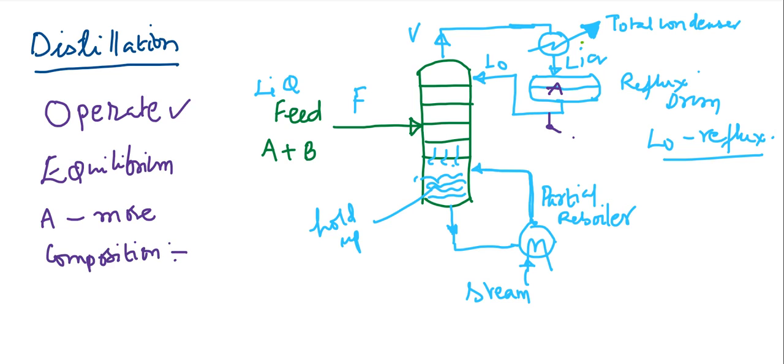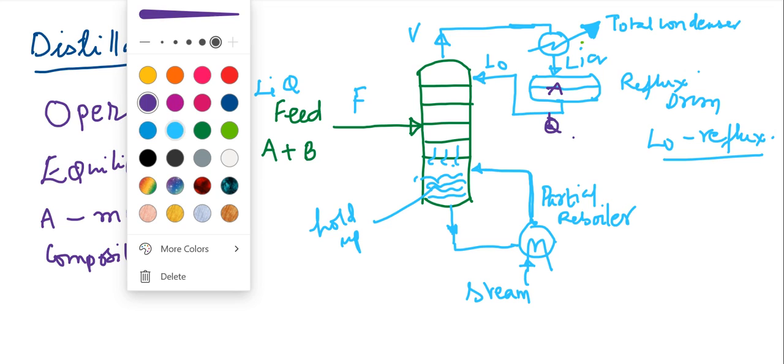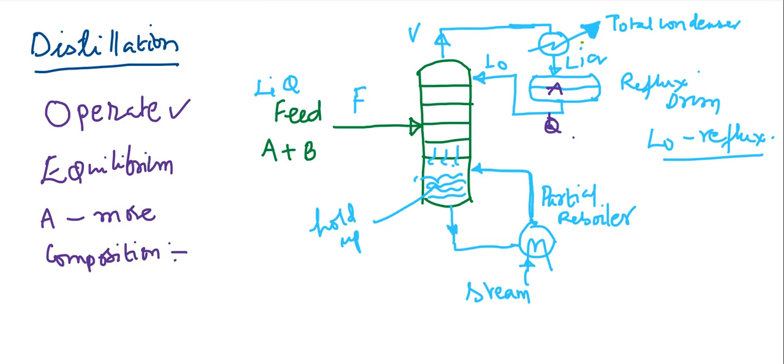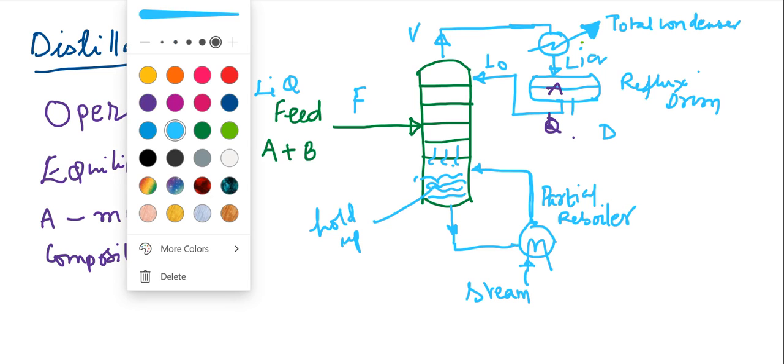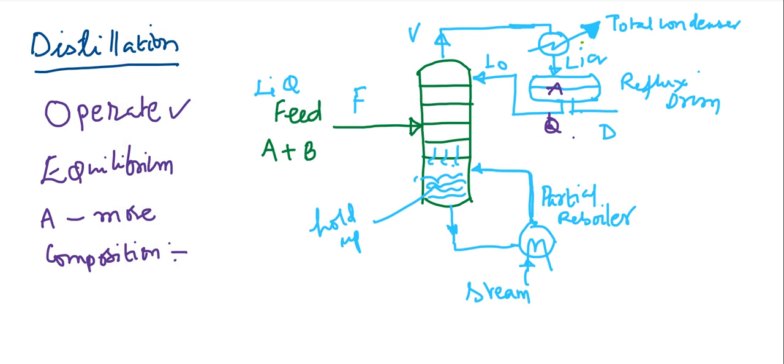If this composition is achieved as we desired in this area, then slowly we start drawing the product, which is known as D, that is distillate. That is what this particular D comes into the picture.